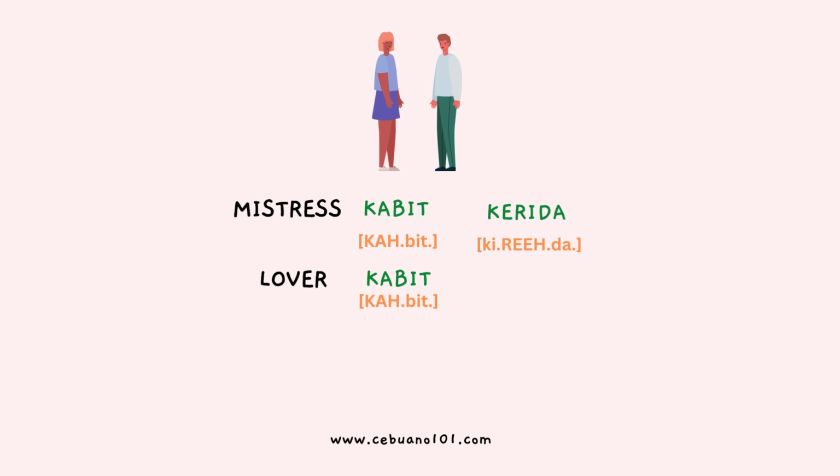One more time, mistress is kabit or querida. This is for the women. Lover, referring to man, you can just use kabit. We don't use querida for men, okay? So normally just kabit for men, and for women, mistress, we use kabit or querida.